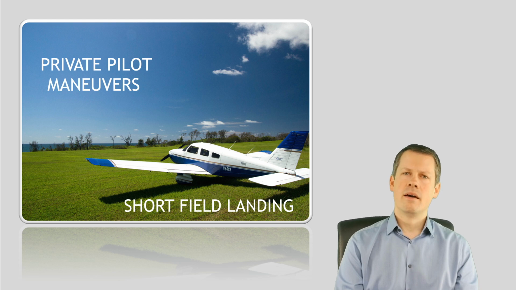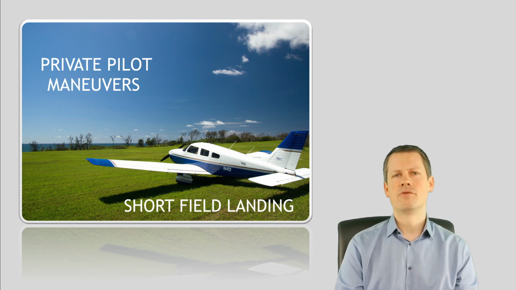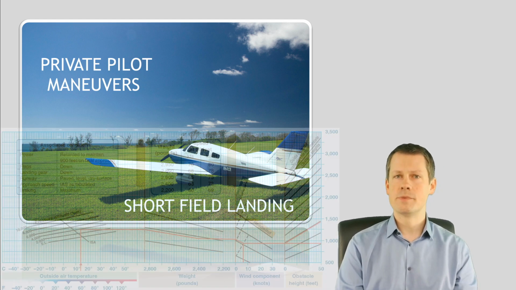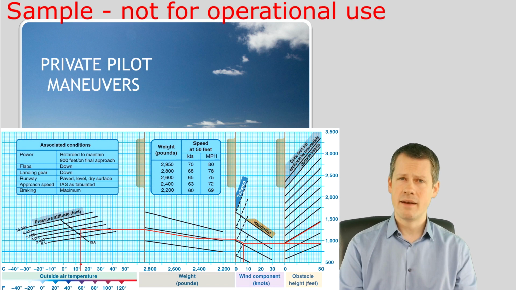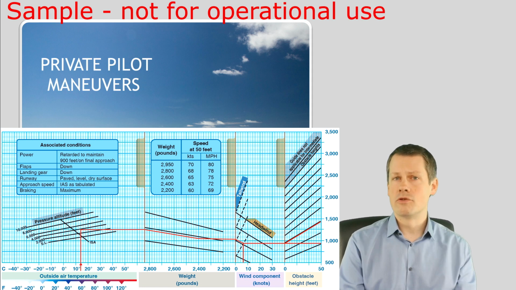Generally, as in short field takeoffs, it's really important that you check your performance with the pilot's operating handbook beforehand. And not only do that, but also before your landing, check if the conditions are still valid. So if it's a really short runway, it's probably a small uncontrolled field.